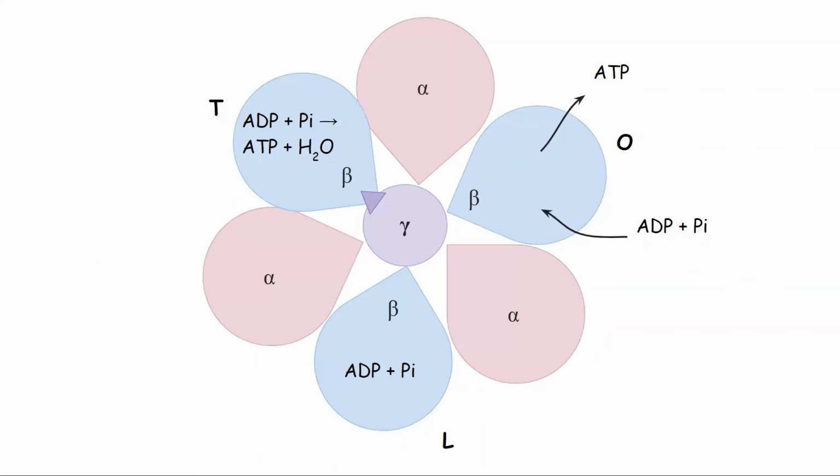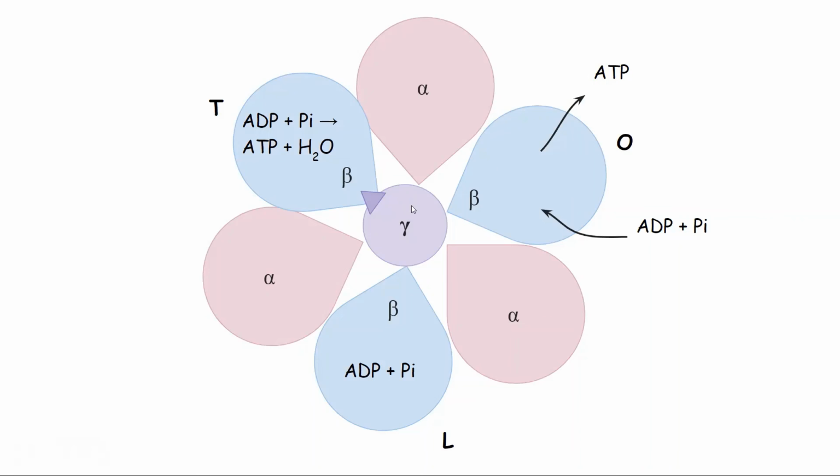Here we can see the beta subunits. We can see that in the tight conformation, we have this reaction that turns ADP and Pi into ATP and water. We can see in the loose conformation, we have ADP plus Pi, and in the open conformation, we have ATP leaving the beta subunit and ADP plus Pi entering.